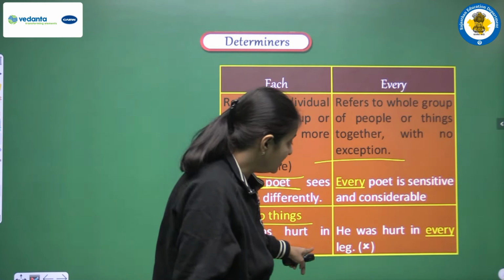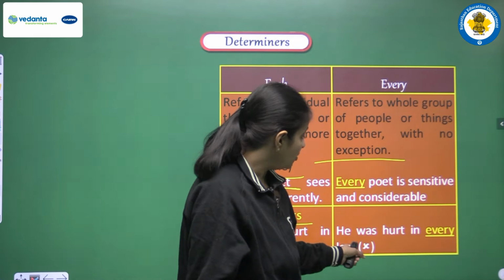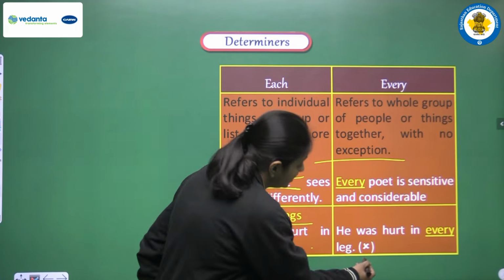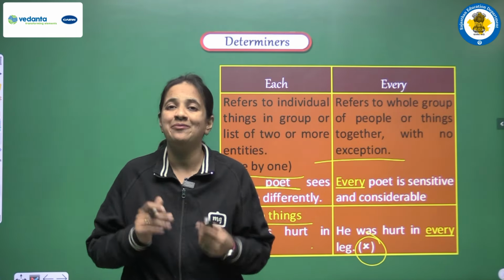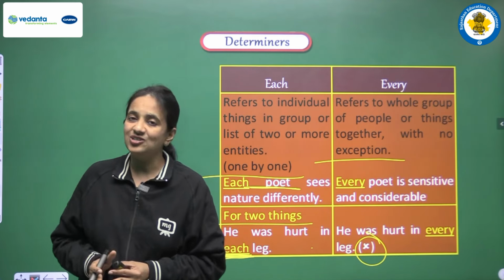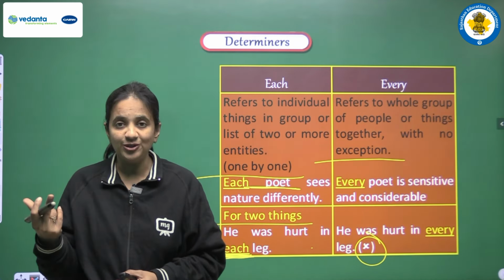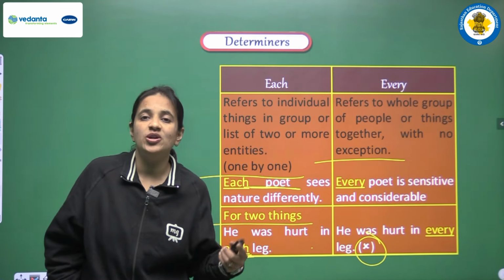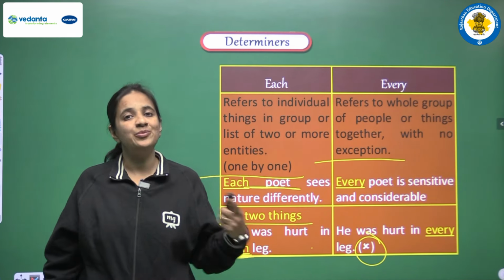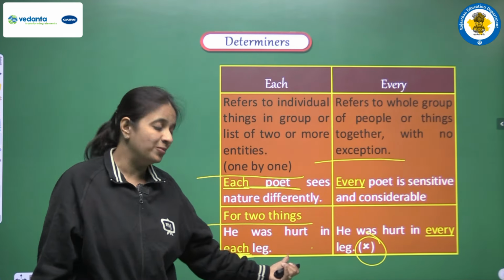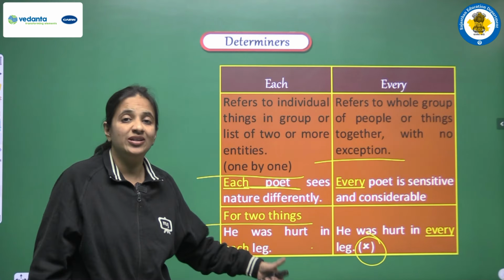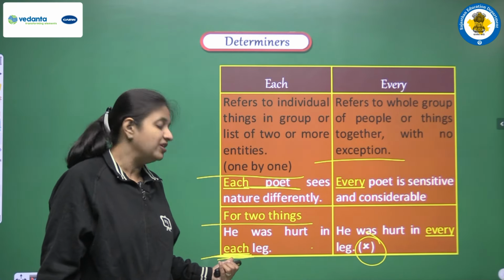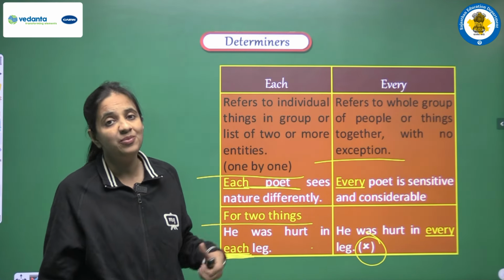And if we write the sentence in this way, that he was hurt in every leg, then our answer will be wrong, because again we have to remember that each is used to indicate two or more things and every is used to indicate minimum three or more things, and legs, it's a very common thing that all human beings have only two legs. So this is the reason in this sentence we will use each here in the blank.